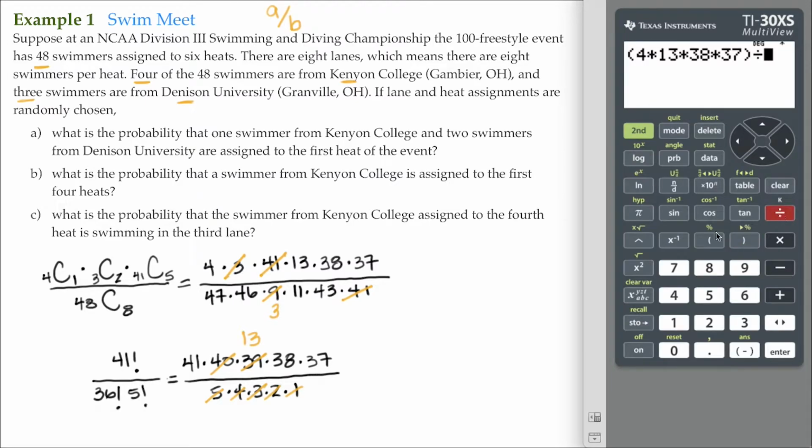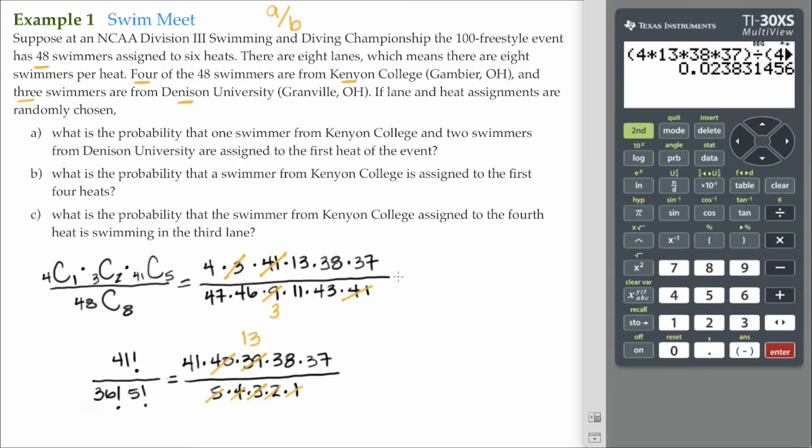Then I'll divide, start with a parenthesis again so I can put in my denominator: 47 times 46 times 3 times 11 times 43. You can use your scroll keys to scroll back to make sure you got everything, but I think we did. So we'll hit enter.